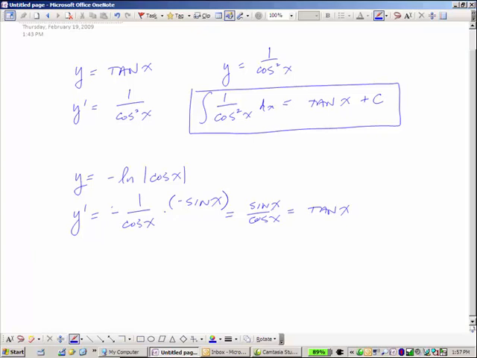All right. So this is another rule, which you were going to confuse with the rule we just did. The antiderivative of tangent x. The antiderivative of 1 over cosine squared is tangent x, but the antiderivative of tangent is not 1 over cosine squared x.